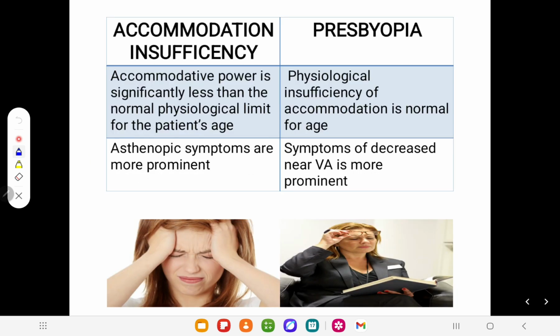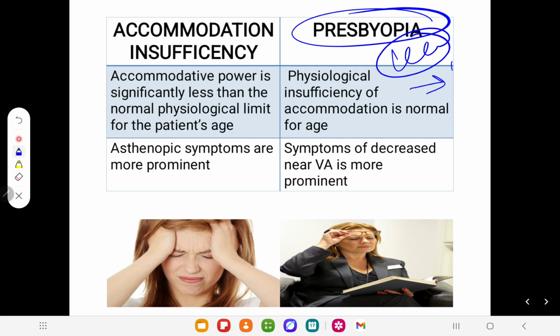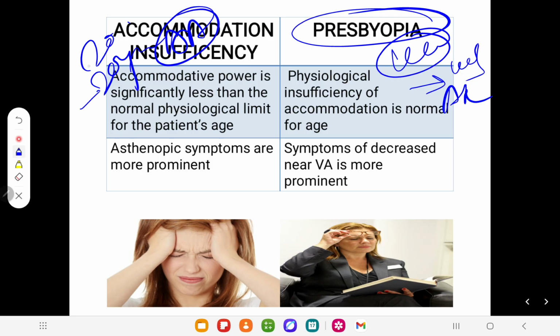One of the common viva questions for a student is always: what is the difference between presbyopia and accommodative insufficiency? Presbyopia is a physiological insufficiency. A 40-year-old patient has the accommodation expected for a 40-year-old. But a 20-year-old patient with accommodative insufficiency doesn't have the amplitude of accommodation of a 20-year-old; they have less than that.